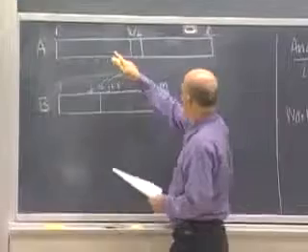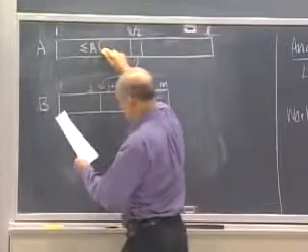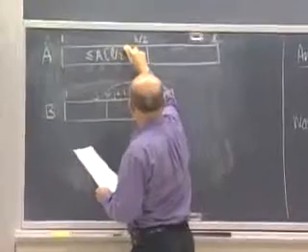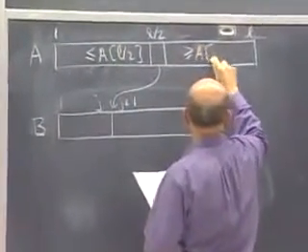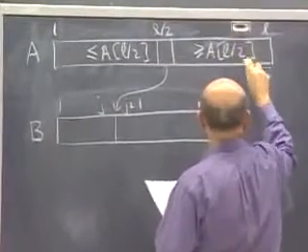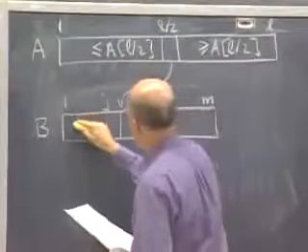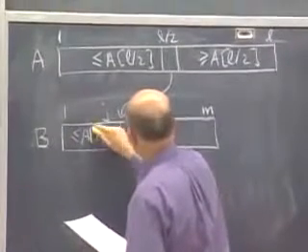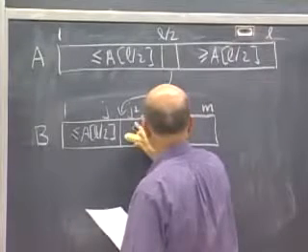So we know, since this is sorted, that all these things are less than or equal to A of L over 2. And all these things are greater than or equal to A of L over 2. And similarly, since that element falls here, all these are less than or equal to A of L over 2, and all these are greater than or equal to it.